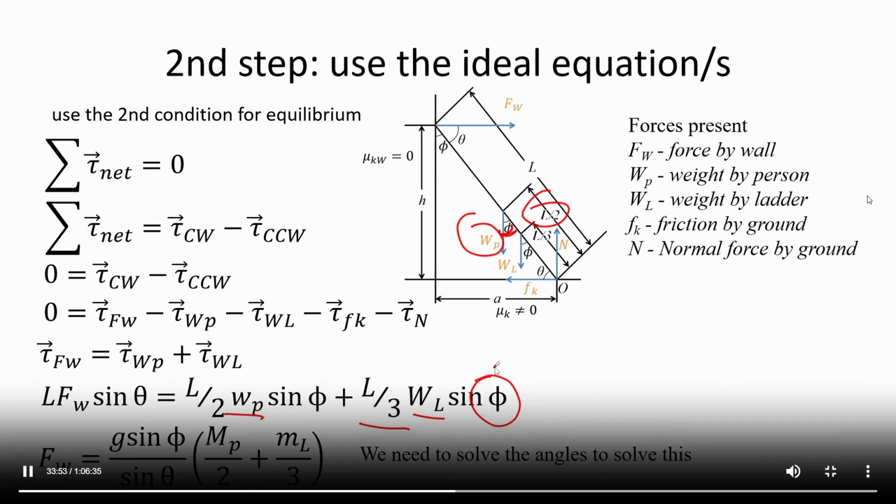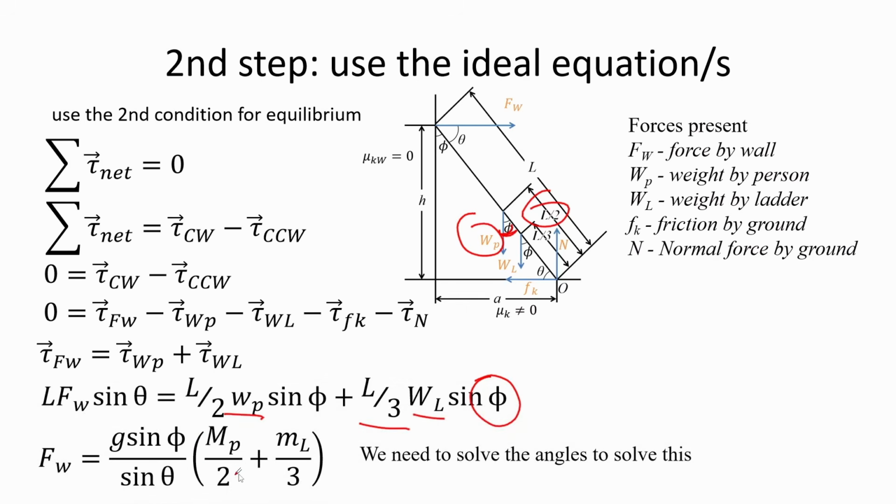Sine phi again. So if we rewrite, the force by the wall is G sine phi over sine theta times the mass of the person over 2 plus the mass of the ladder over 3. So we need to solve for the angles, phi and theta.